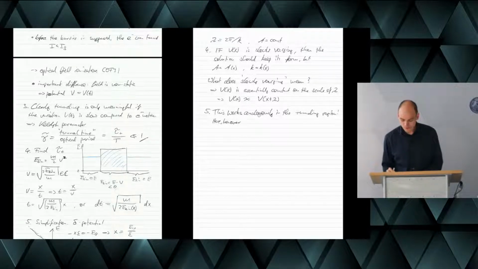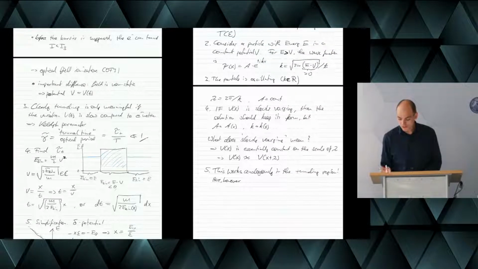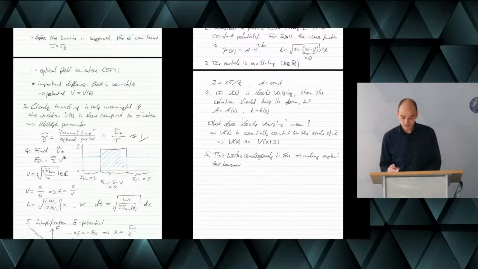Here, however, E minus V is smaller than 0, so this will become negative, and this means K becomes complex.